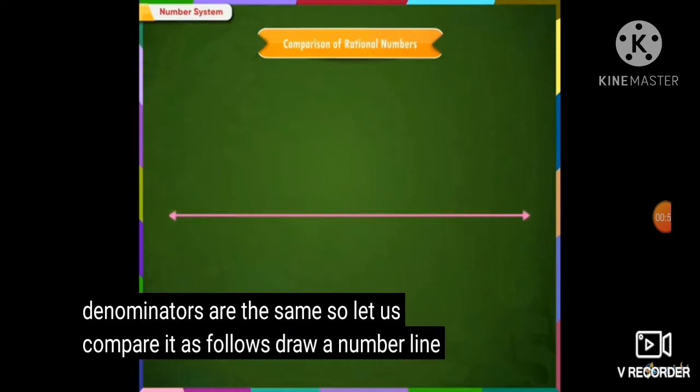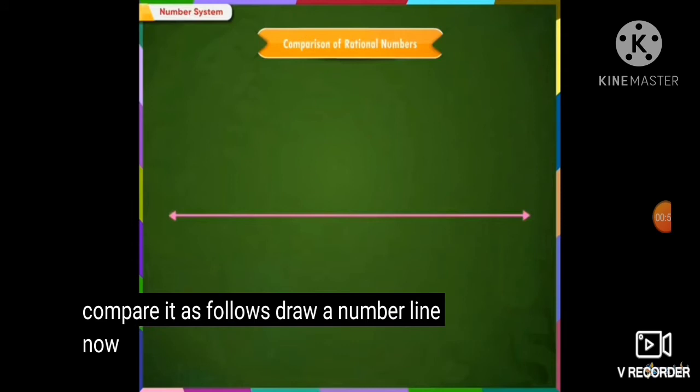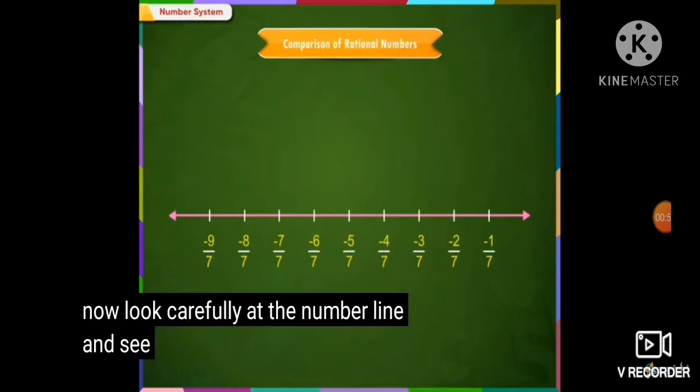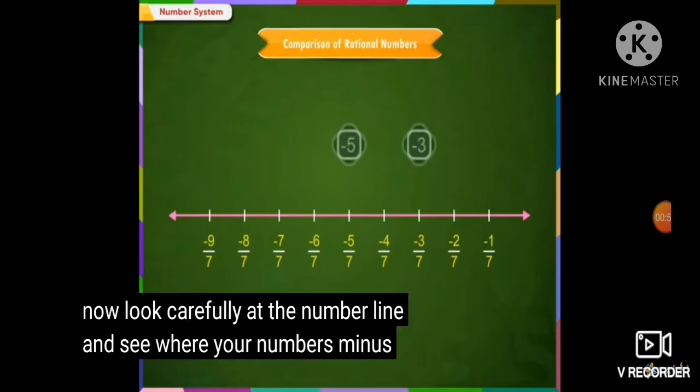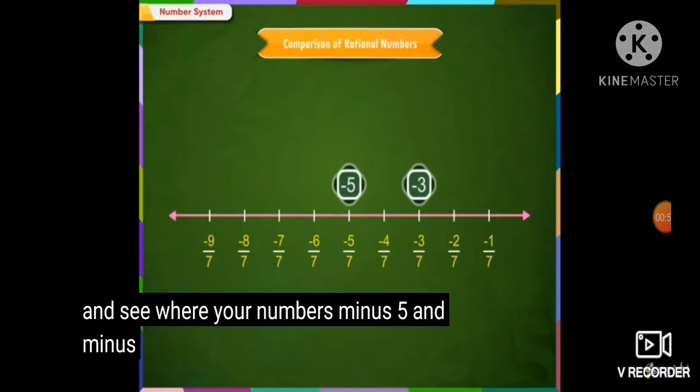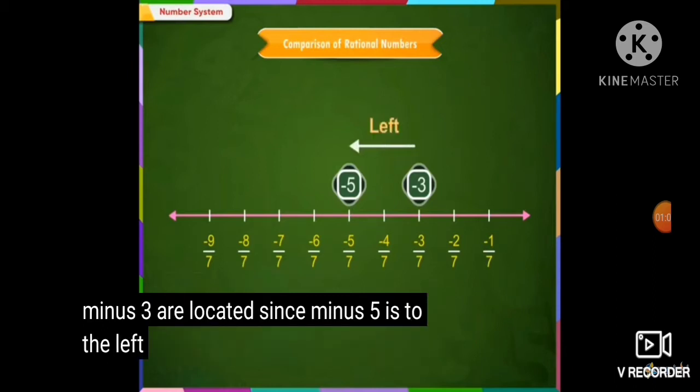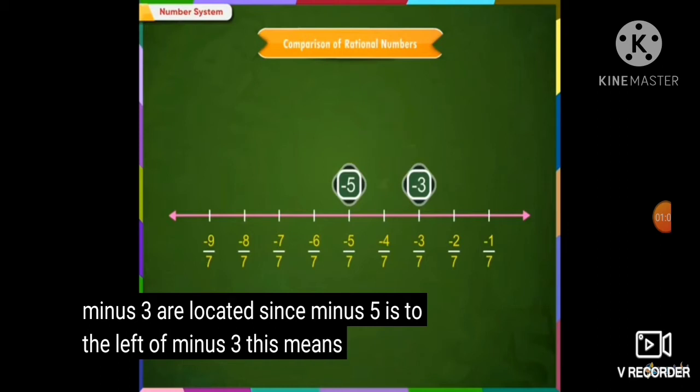Draw a number line. Now look carefully at the number line and see where your numbers are, minus 5 and minus 3. Minus 5 is to the left of minus 3.